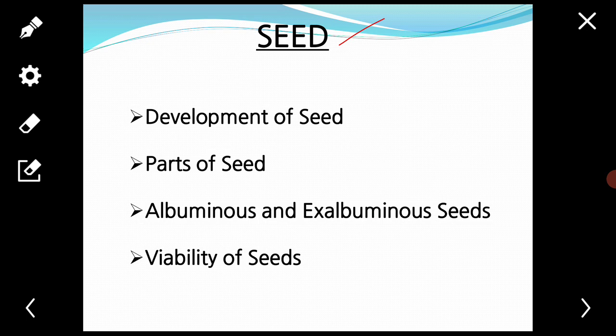The seeds of different plants vary in their size and shape. However, the general plan of structural organization remains almost the same.